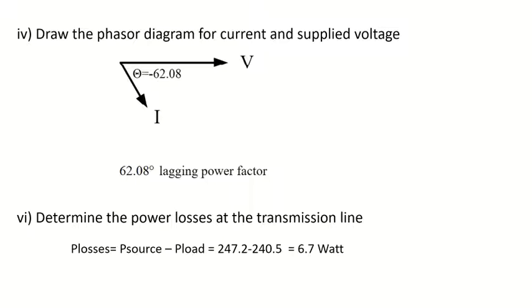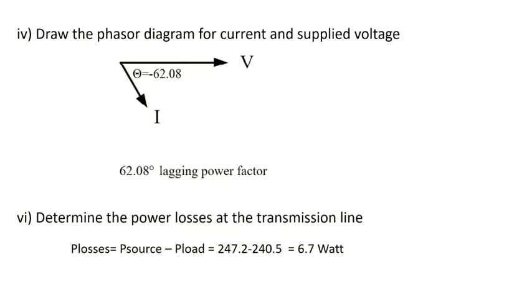The next question is to find the power losses at the transmission line. The power losses can be found from P source, the real power at the source, minus the real power at the load.